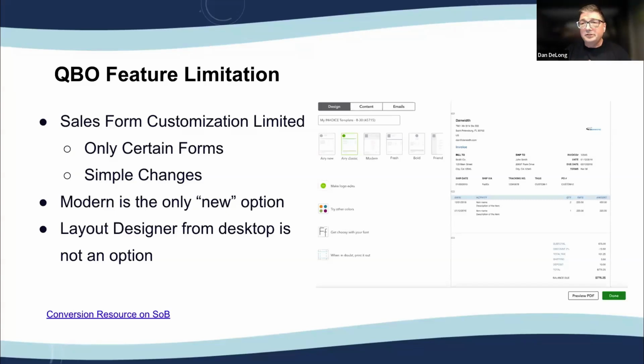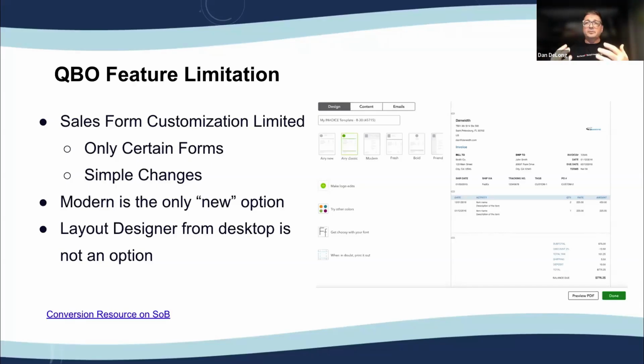Layout designer, right? So QBO, as you're probably well aware, has a pretty severe limitation on sales form customizations. It's very limited. And since Intuit last year changed to this new modern invoice experience, they've had to take a step back to move forward, right?